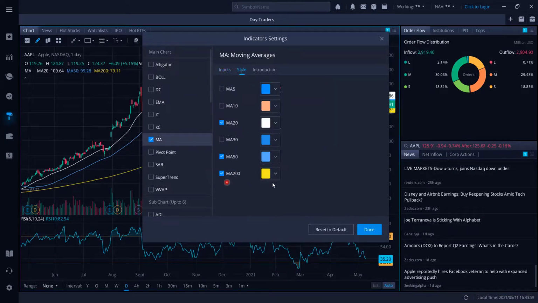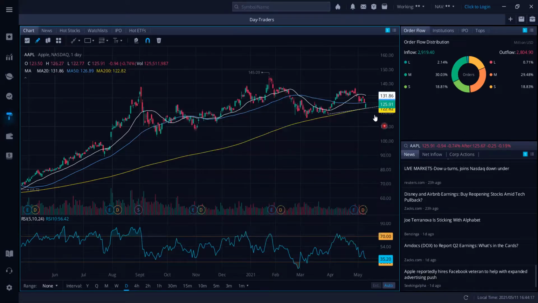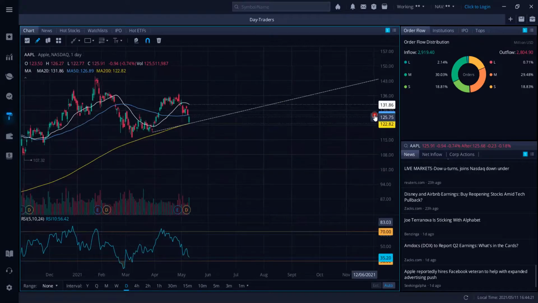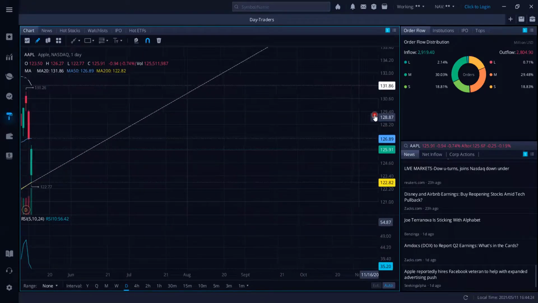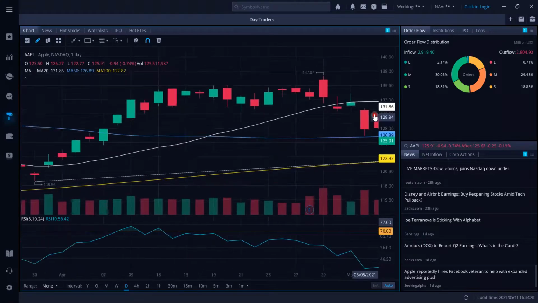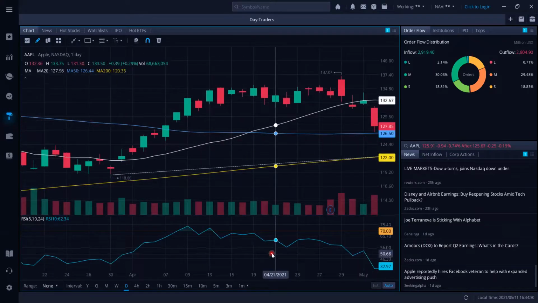And so I like to have my 200-day and my 50-day averages with some color, and then whatever my other average is, I just make it a white one. This way I have a lot of contrast, especially in the sidebar where we can see all of our averages working together.